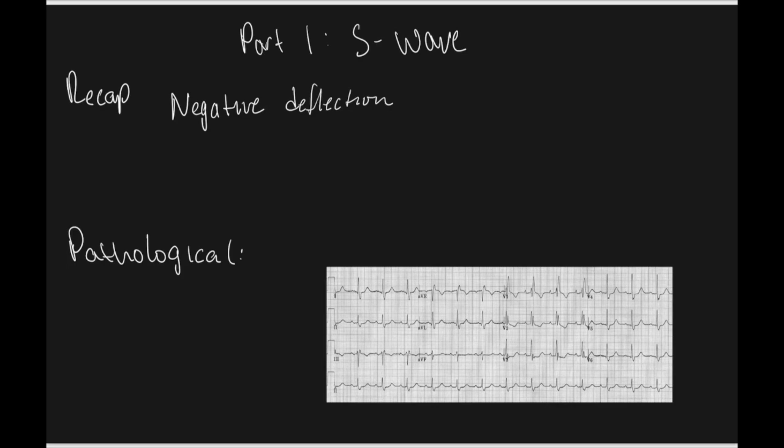But one of the pathological findings we associate with the S wave is a slurred S wave. If we look at our 12 lead example on the right, we notice that in 1, 2, V4, V5, V6, and AVL, we have our P wave, we have our R wave, the S wave comes down, and as it proceeds to the T wave, it kind of slurs.